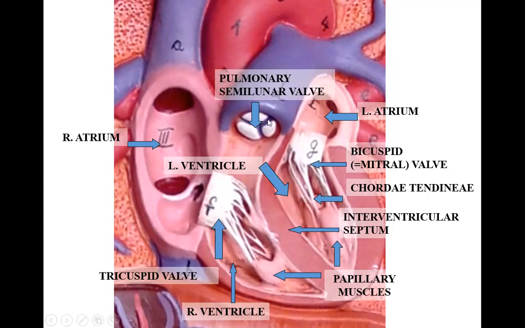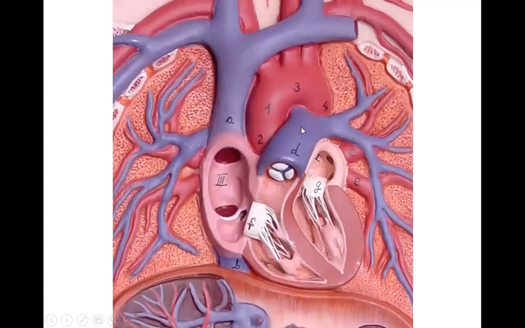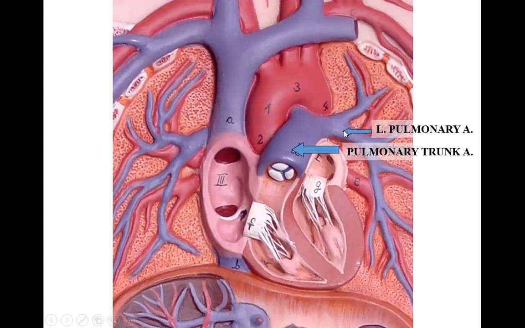And pulmonary semilunar, the pulmonary trunk is this structure here. This is the left pulmonary artery, the right pulmonary artery, because remember your perspective when you're looking at this.